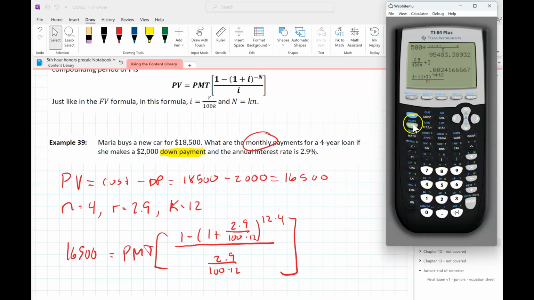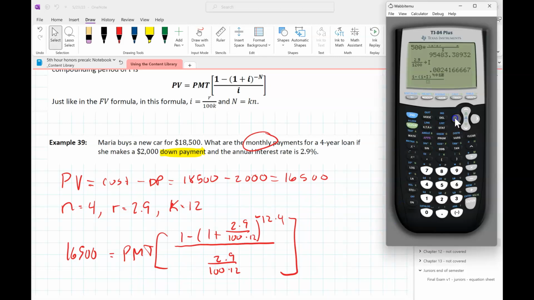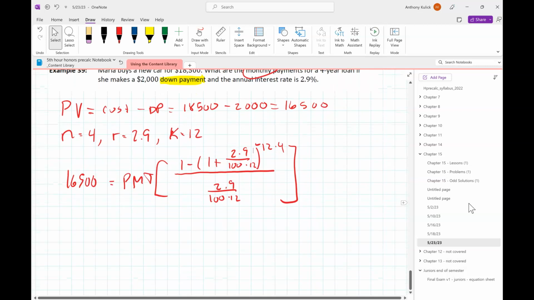That exponent should be negative. Oh, yes, thank you. Good thing you stopped me before we pressed enter. Thanks, dude. I would have been sitting there going, what the heck? It's my daughter's favorite expression now. All right, so I have that. And then I'm going to do 16,500 divided by that answer. So I should be paying $364.49-ish per month.